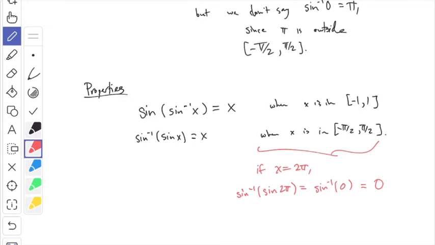It didn't work that time, right? Because this is different from that. So this formula over here, that inverse sine of sine x equals x, only works if x is in the appropriate range, or the appropriate interval. And this is why inverse sine is not really a true inverse. But it's pretty close.